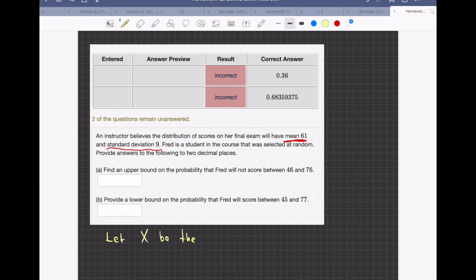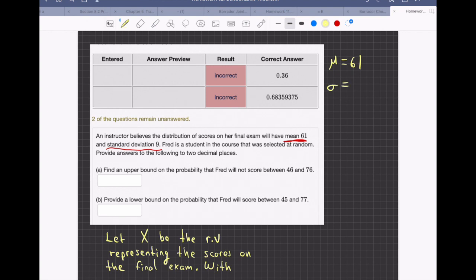X be the random variable representing the scores on the final exam, with mean represented by mu equal to 61, and standard deviation, only sigma, equal to 9.